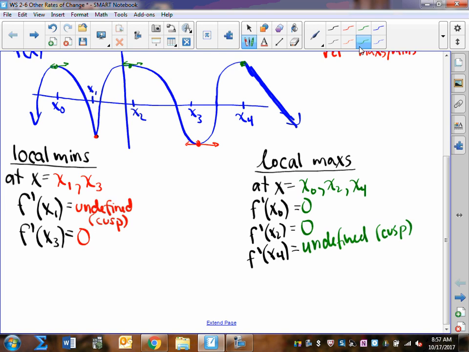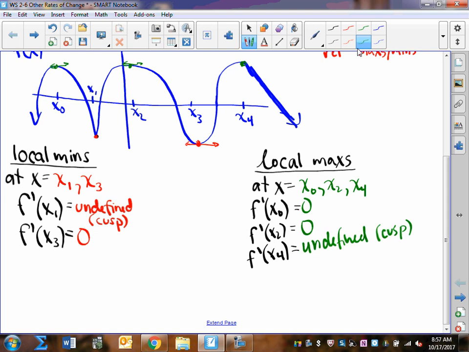Okay, so what we can see here is that these critical points, or these maxes and mins, occurred when? What is true about my derivative in relation to my maxes and mins? What is my derivative at all my maxes and mins? Undefined or 0. So when my derivative is undefined or 0, then we have those maxes and mins.